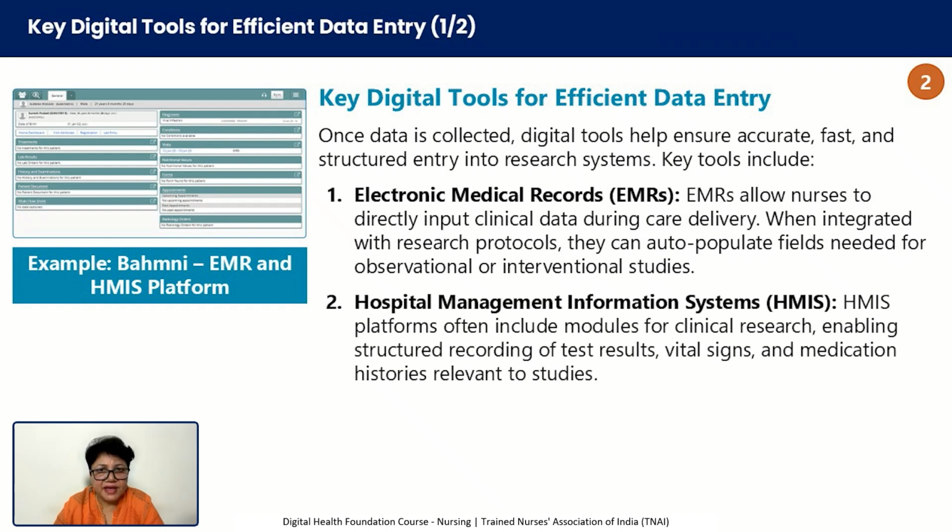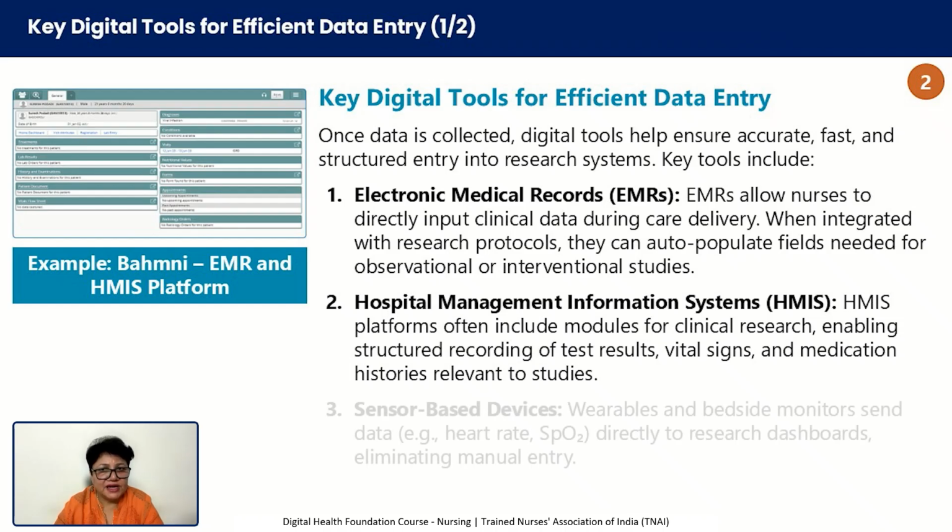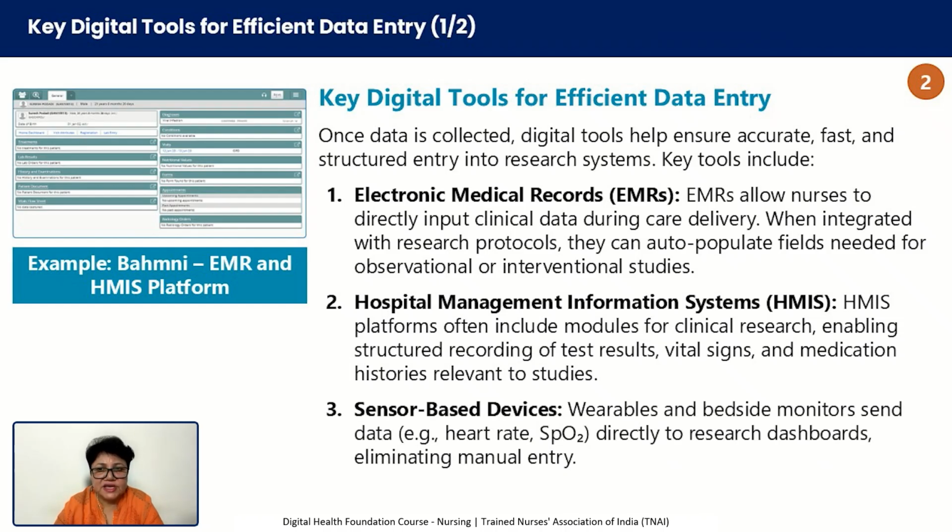Similarly, HMIS, the Hospital Management Information System, offers structured modules to record vitals, lab results, and medication data, streamlining research participation within hospital systems. Lastly, sensor-based devices such as wearables and monitors now directly feed physiological data like heart rate and oxygen saturation into dashboards, eliminating manual entry errors and making real-time monitoring possible.